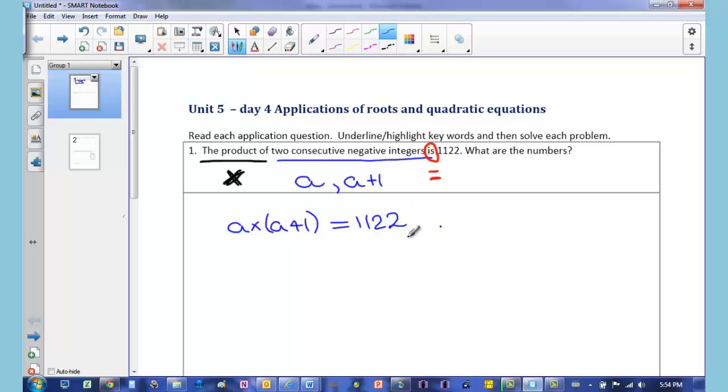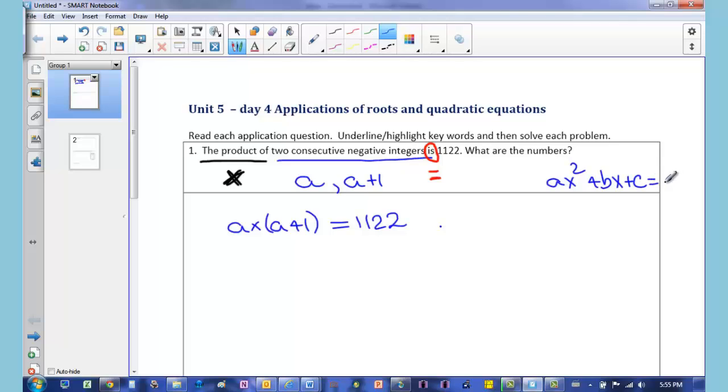It equals another number. So whenever you're in a situation like this, between forms, between standard and factored, or between standard and vertex, I would like you to expand and rearrange your entire equation back to standard form, which is ax squared plus bx plus c.